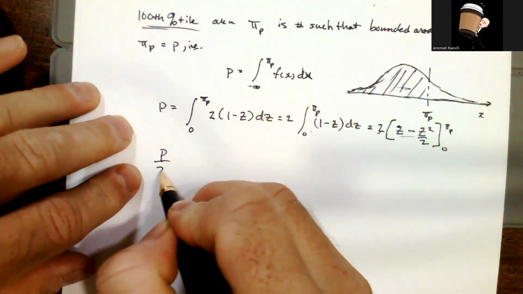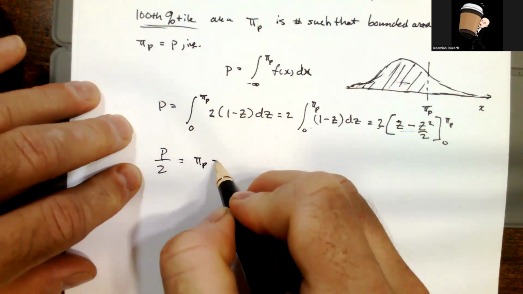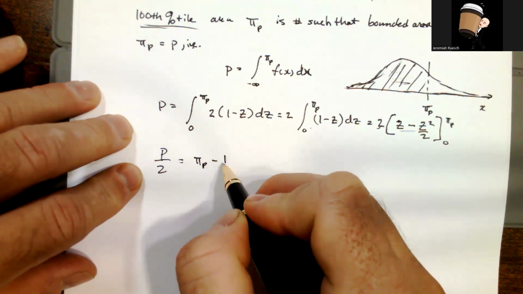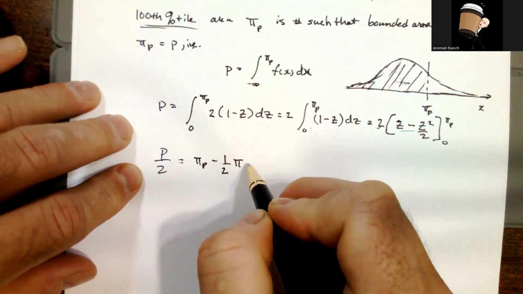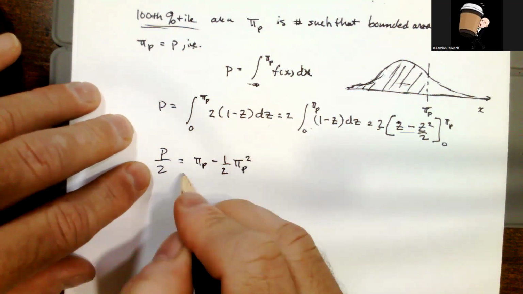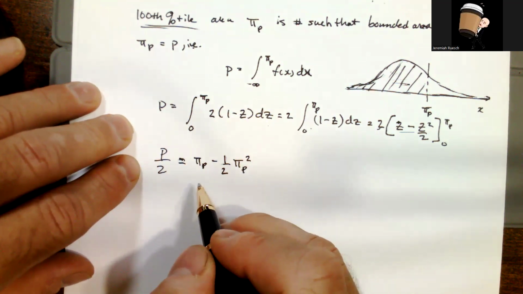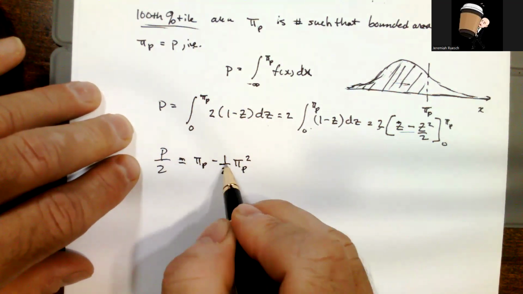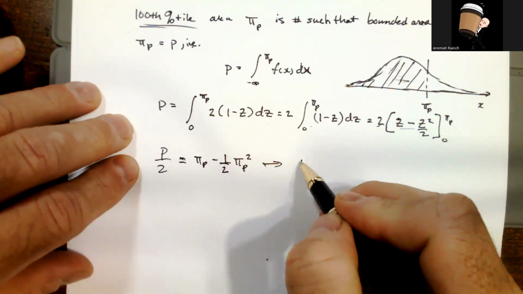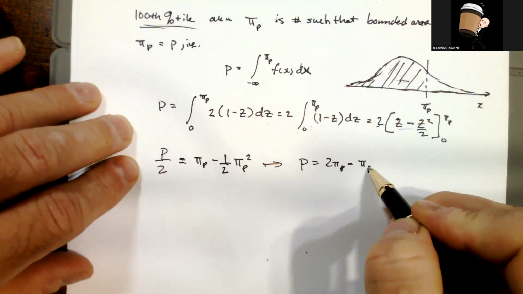So I get p over 2 is equal to pi p minus 1/2 pi p squared. I don't know if it's easier to multiply by 2, actually, since we have that coefficient of 2 here. Yeah, let me multiply everything through by 2. So I get p is equal to 2 pi p minus pi p squared.